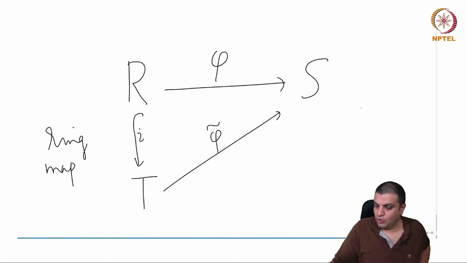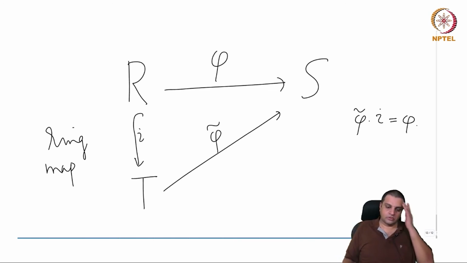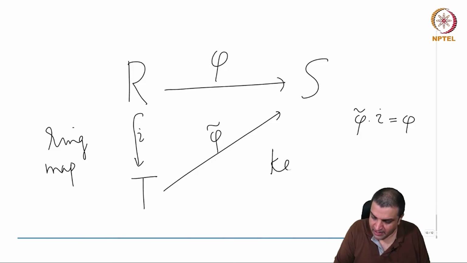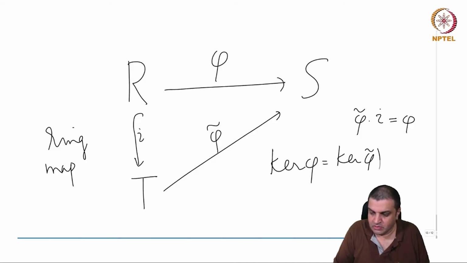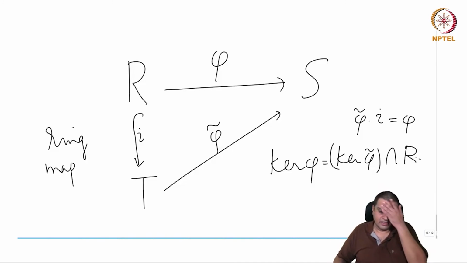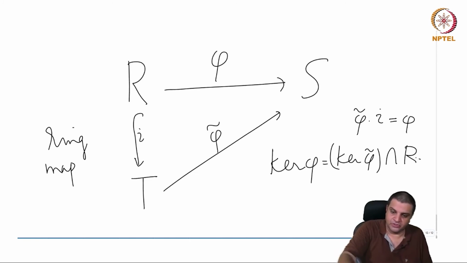Notice that if you take I and then apply phi tilde, this is the same as phi. And the kernel of phi is the kernel of phi tilde contracted to R.